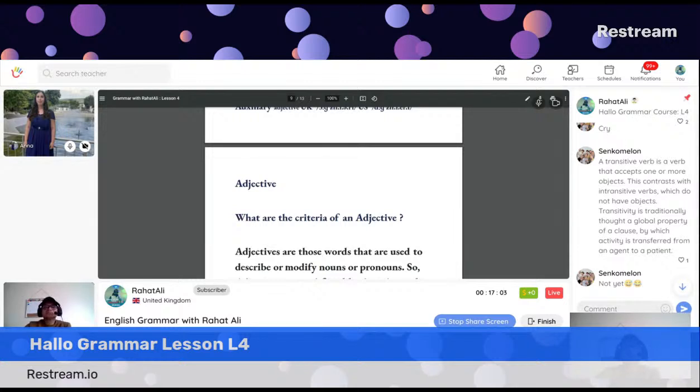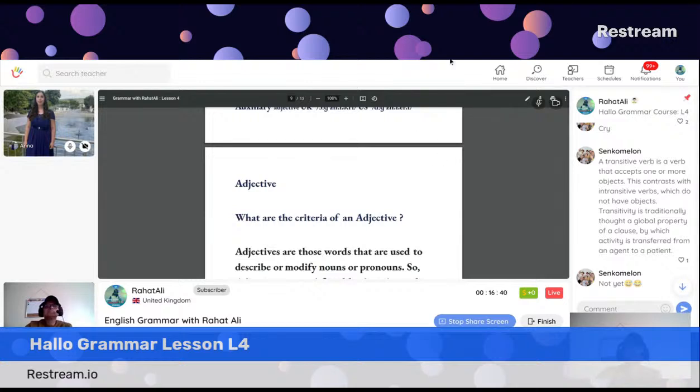Adjectives describe the noun. Mm-hmm. Go on. You're doing great. Noun, and also pronoun. Okay, yes, that's cool. Nouns and pronouns, yeah. Anything else?